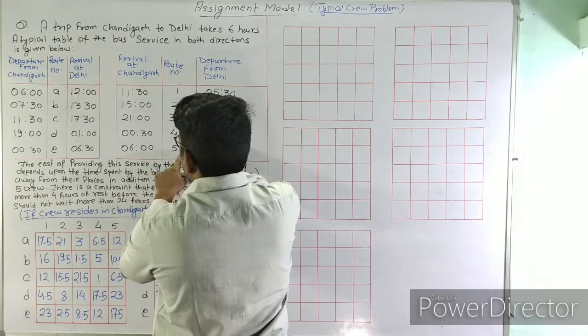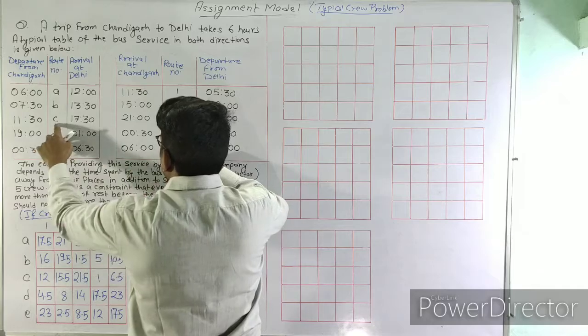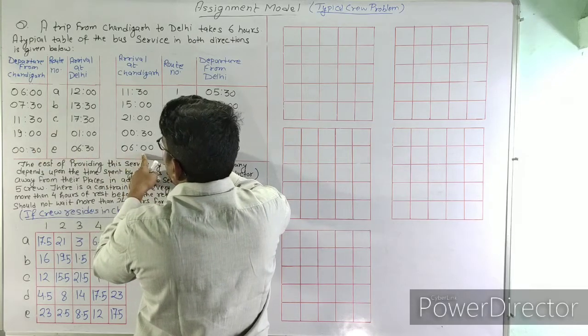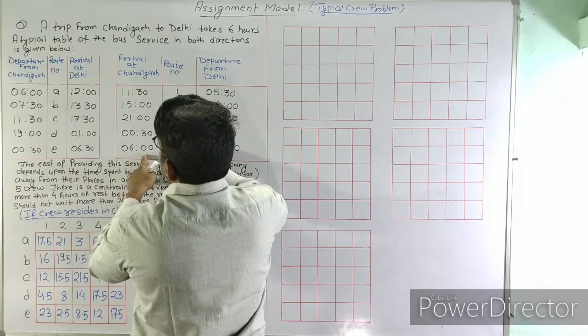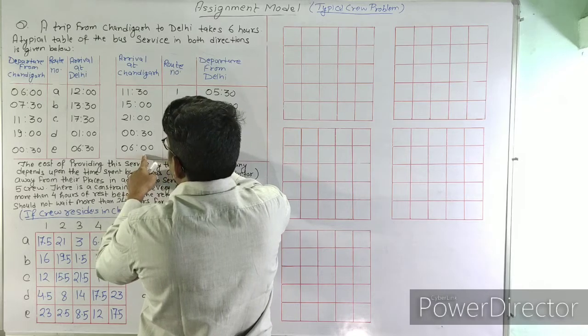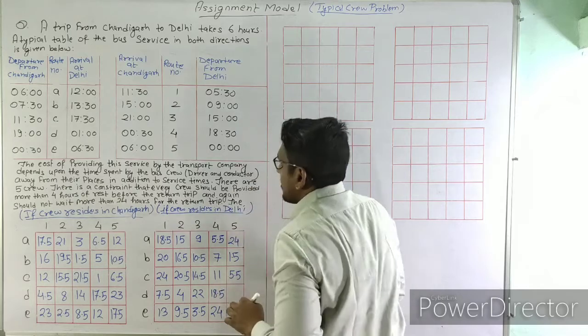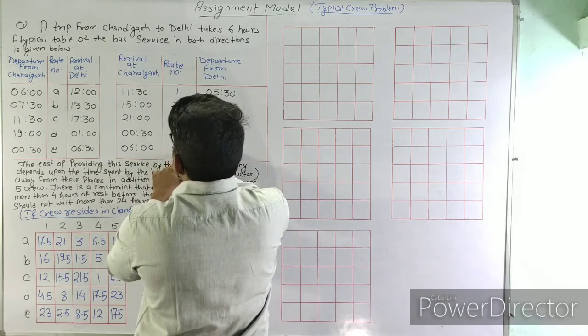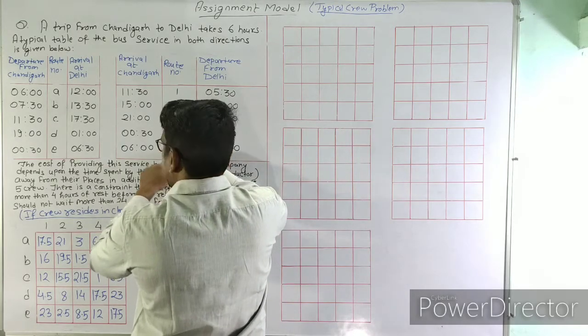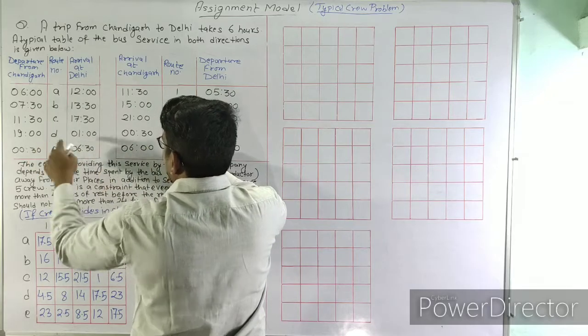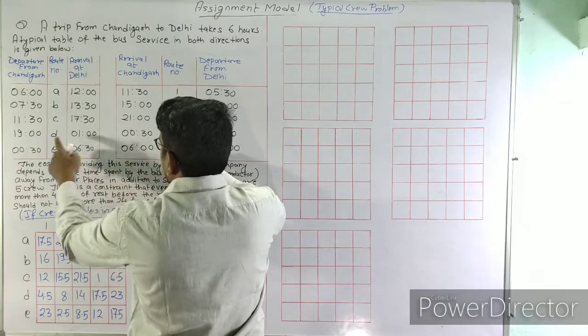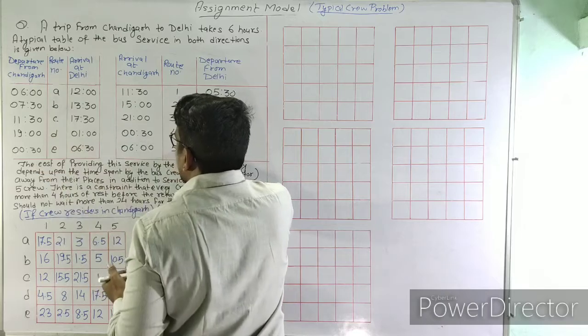If the crew arrives from route 5 and departs from route C, the time here will be 6 plus 5.5. So the time here is 5.5 hours. If the crew arrives from route 5 and departs from route D, the time here will be 13 hours.